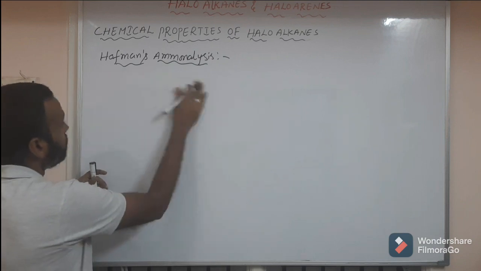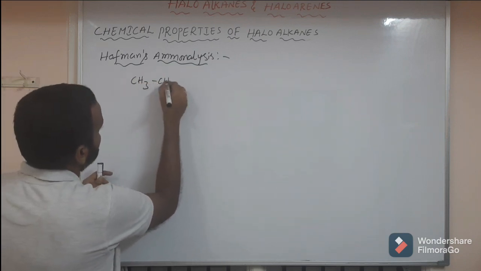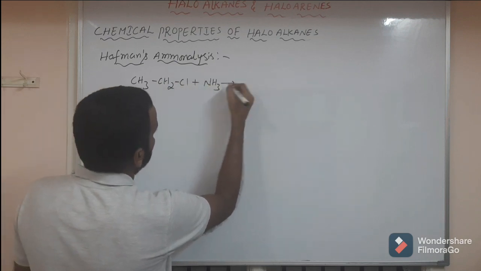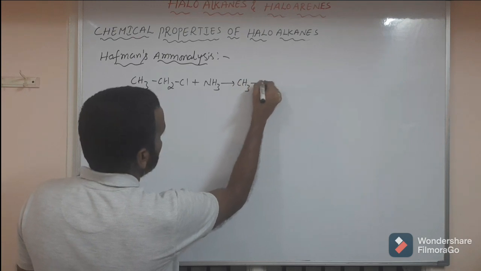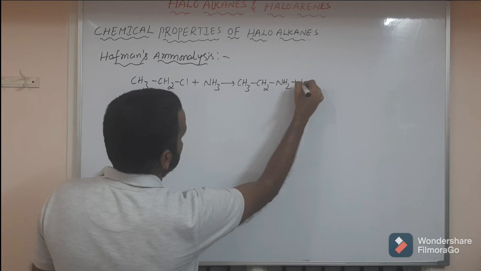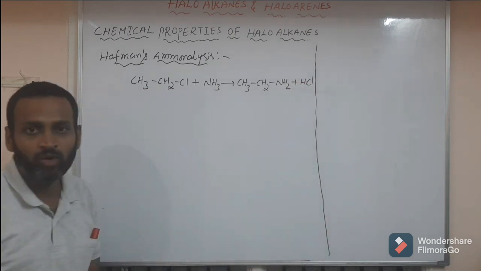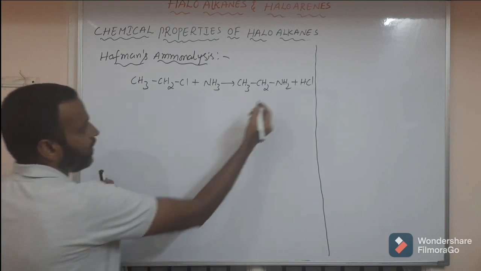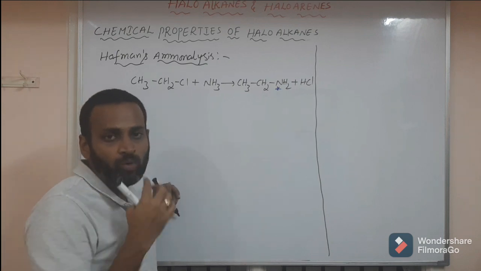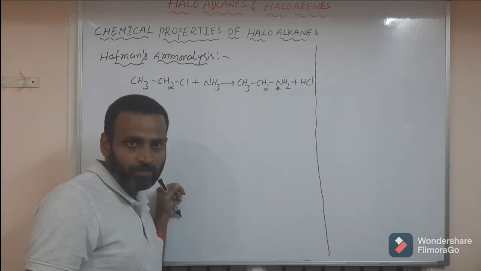Okay. So as I said previously, suppose you are using CH3CH2Cl. When you are using NH3, you are having CH3CH2NH2 plus HCl, right? Now here this particular nitrogen can form 4 bonds, because nitrogen's maximum covalence is 4.